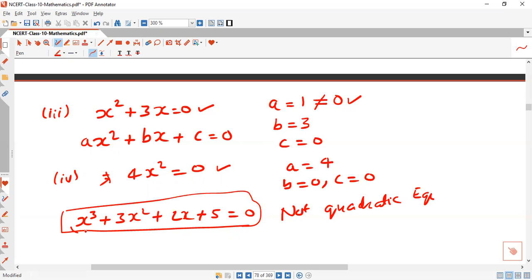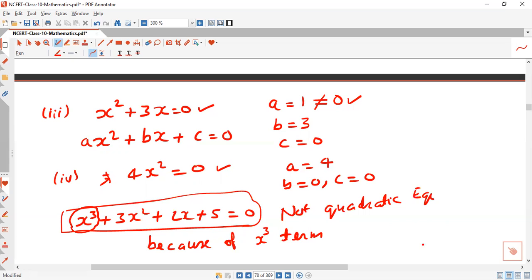Because of the x cube term. The standard equation says ax square plus bx plus c, so the power of x cannot be more than 2. That's why this is not a quadratic equation.